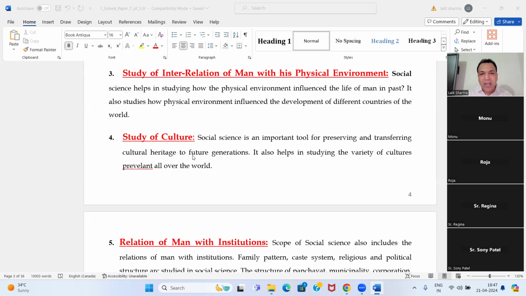So the study of culture, how will you come to know that? Because we have different religions in India, so many different cultures we have. How will we come to know about the culture of other communities? From the study of social science.